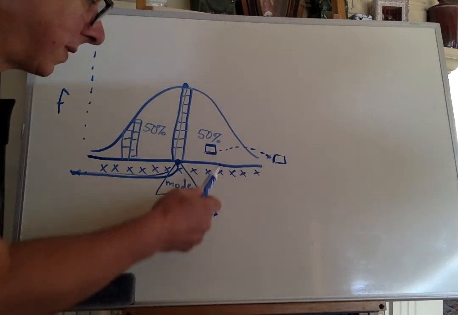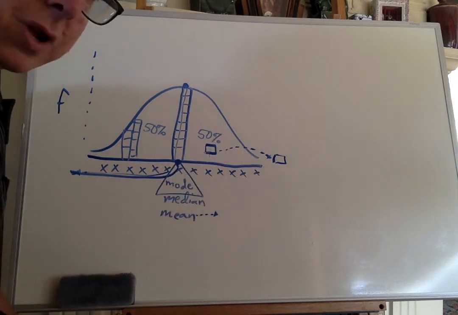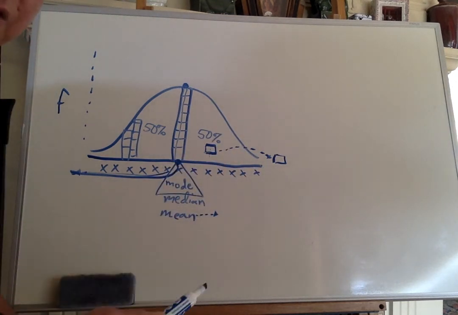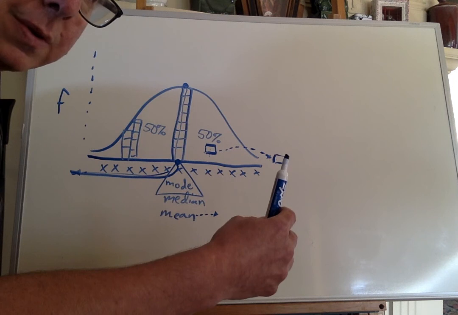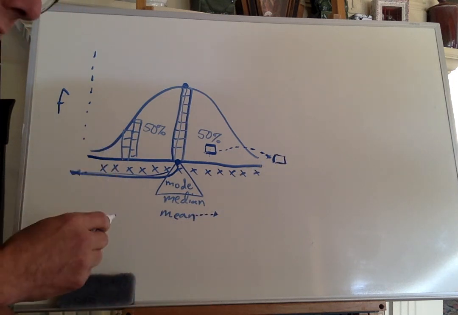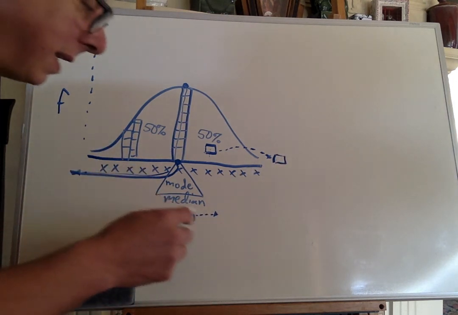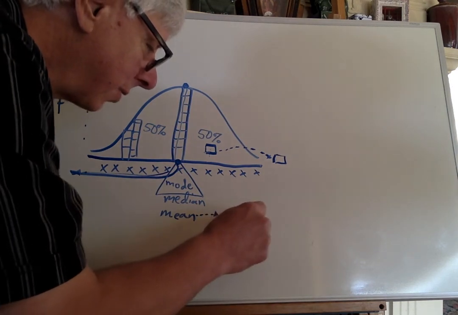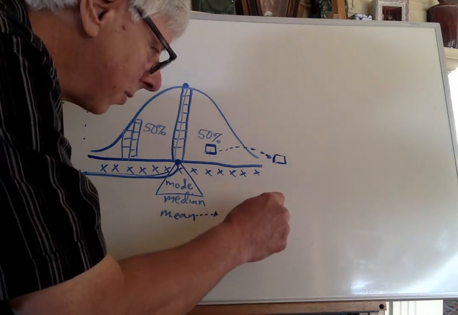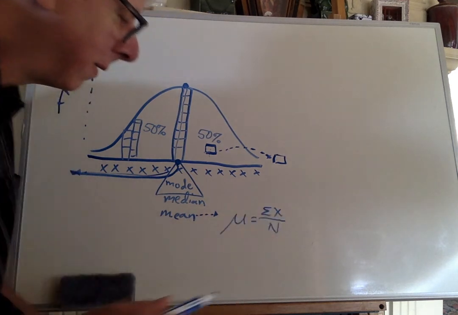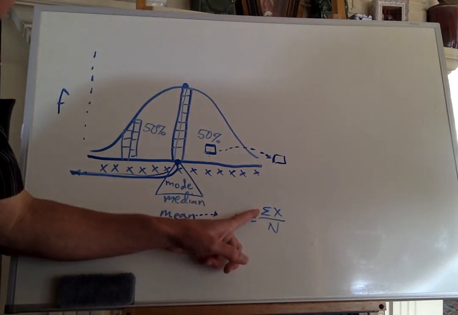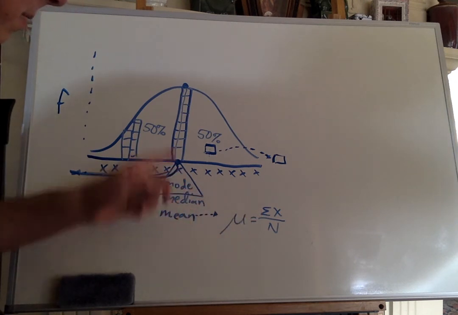If instead of 127, a person's at 140, then I need to recalculate the average and it goes up. The mean is the only measure of these measures of central tendency that takes into account every value of x. The mode doesn't.